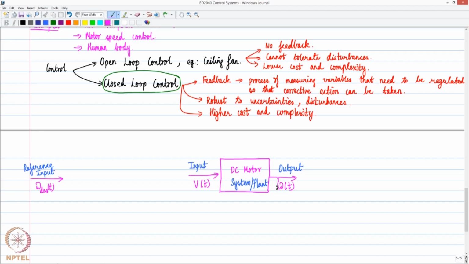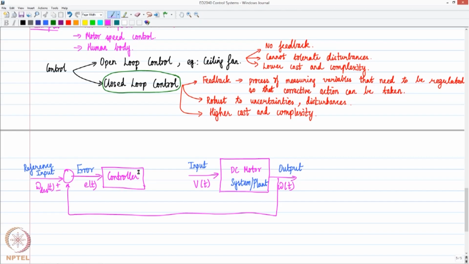Suppose I measure the actual output, then I compare, and take the difference between what I desire and what I measure, which is called an error, and then let us say we pass it through an element called a controller, and the controller then calculates what should be the input that should be provided to the DC motor.